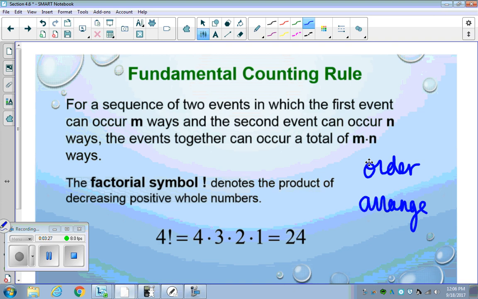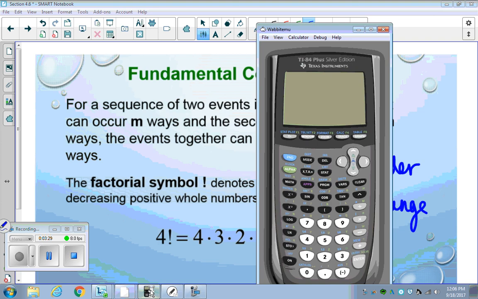Now, if you bring up your calculator, I just want to show you where that is on your calculator. So 4 factorial, I'm going to type in a 4. I'm going to go to the button that says math, and I'm going to cursor over on the right hand side where it says PRB, that means probability.